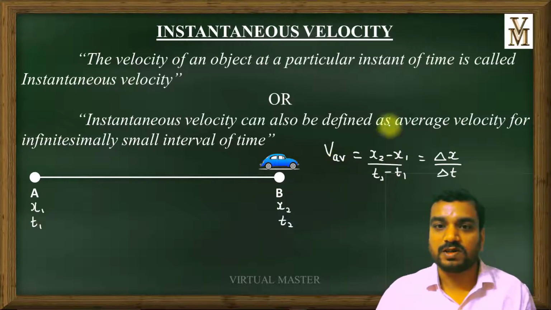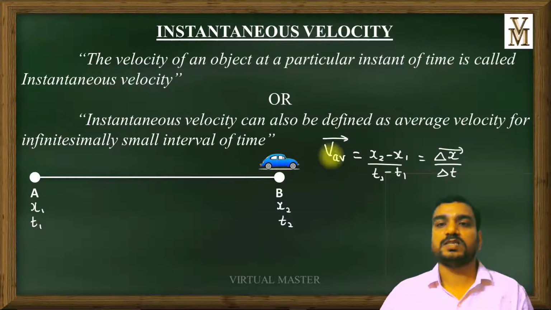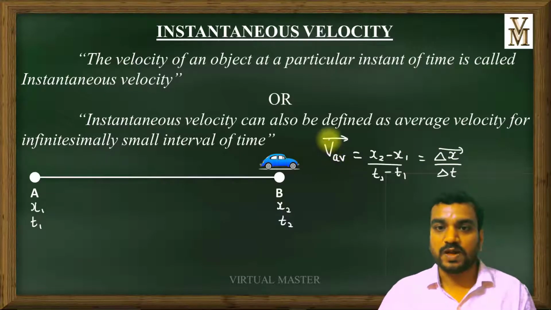One more thing I have forgotten. We have to add an arrow above the term because it is a vector quantity. Velocity is a vector quantity, so we have to add an arrow above the terms. Even displacement is a vector quantity, so I have drawn an arrow above the delta x.